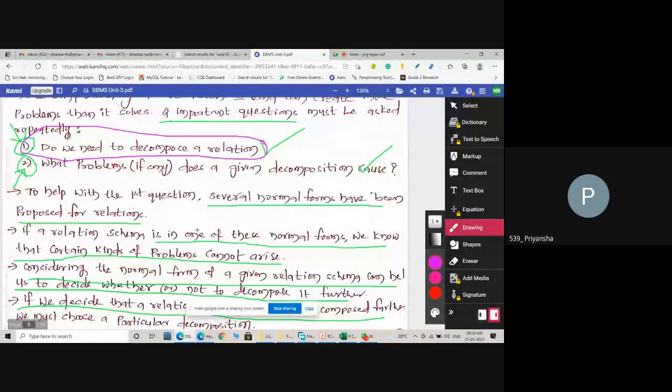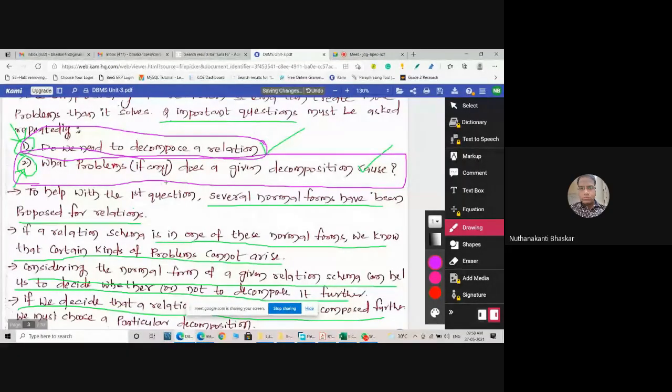The second question is: what problems does a given decomposition cause? This second question is for after decomposition; the first question is for before decomposition. You identified the normal form, followed the normal form rules and regulations, and decomposed the relation.